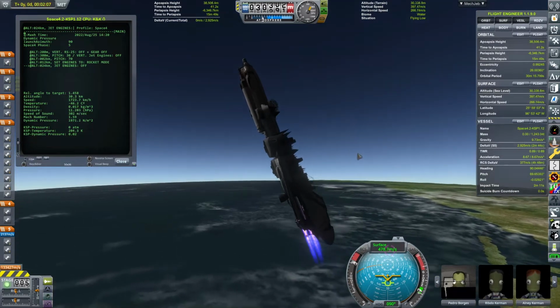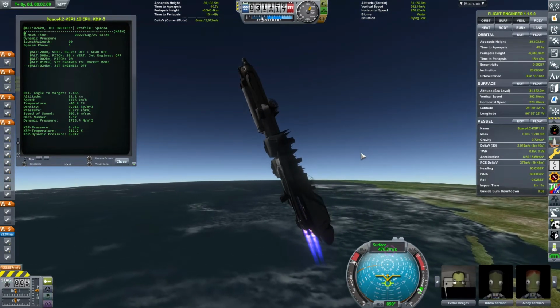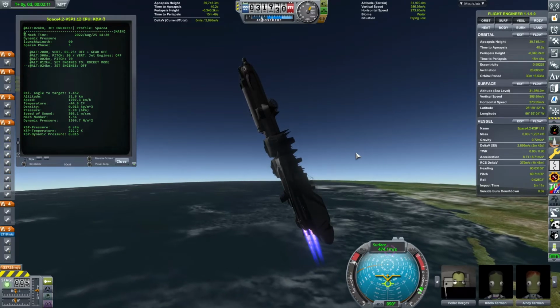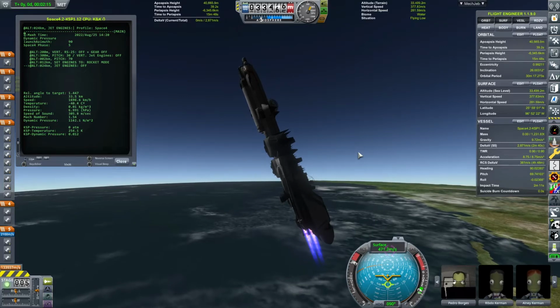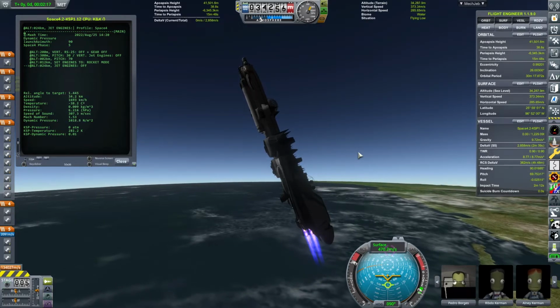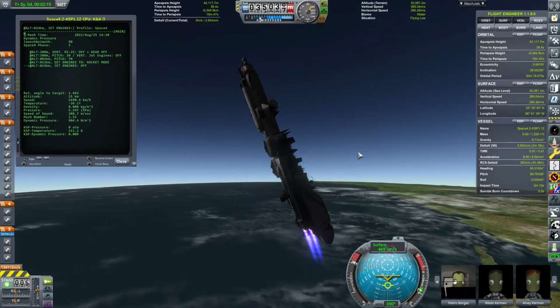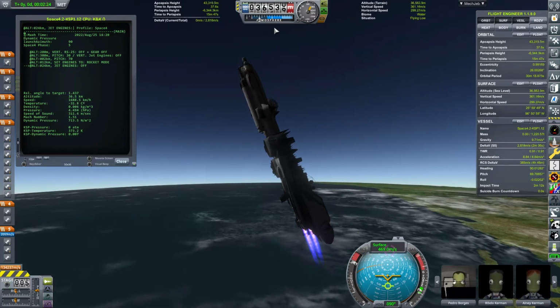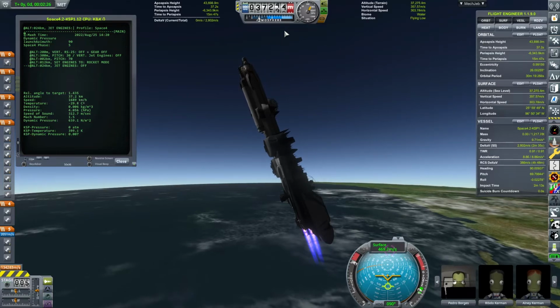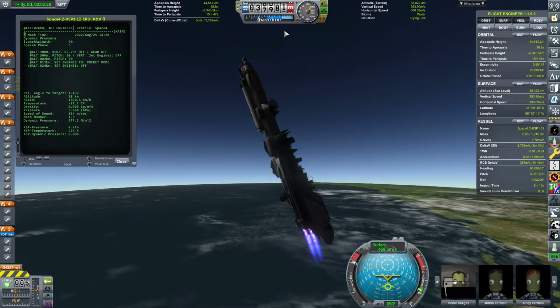just waiting for the vac engine to have enough vacuum in order to operate with efficiency, and that will happen at an altitude of 52 kilometers. So you just need to wait a little bit.